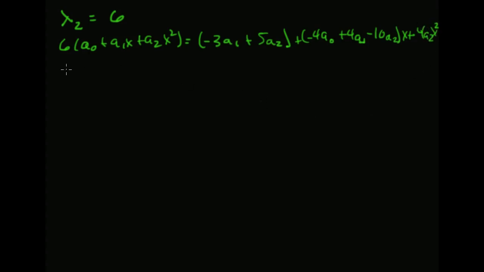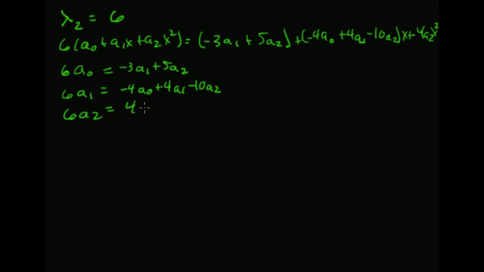All right, so 6a sub 0 should be negative 3a1 plus 5a2. 6a1 should be negative 4a0 plus 4a1 minus 10a2. 6a2 should be 4a2.